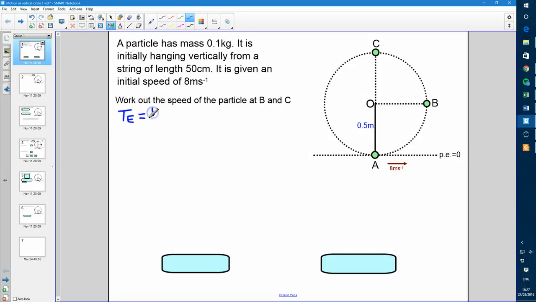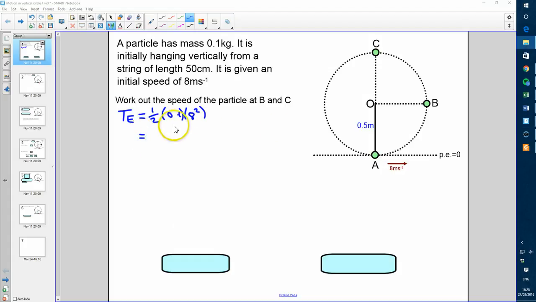So that's going to be a half of the mass, which is 0.1, times v squared, which is 8 squared. Okay, so if I work that out, that's going to be half of 64, which is 32, times 0.1, which is 3.2 joules.